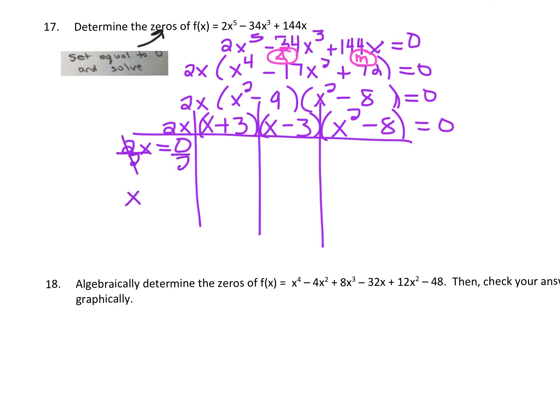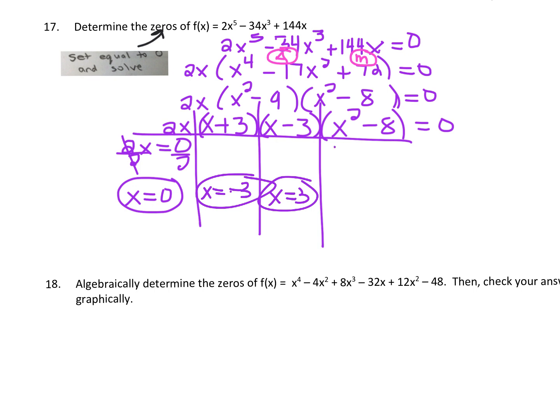So that leaves you with x equals 0. Okay, that's our first solution. Now here, when you have a simple factor like this, don't we just reverse the sign, x equals negative 3? And for this one, you would get x equals positive 3.